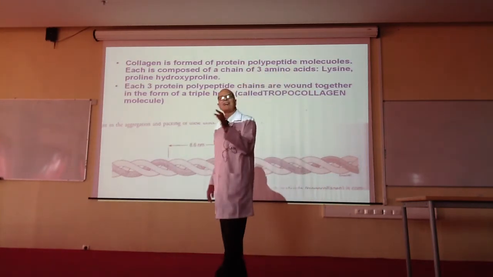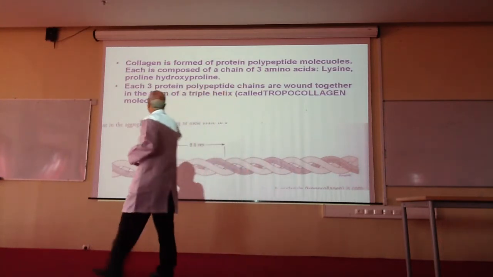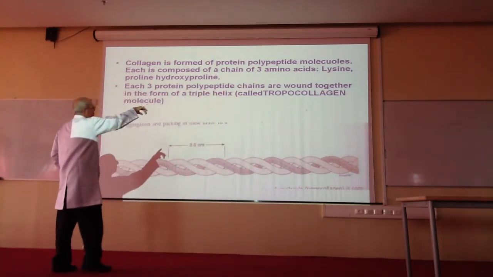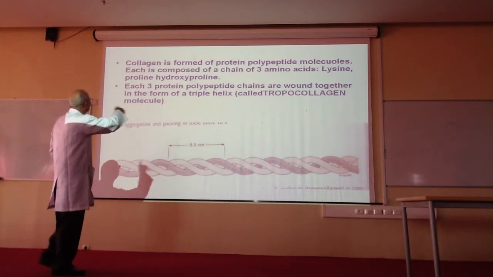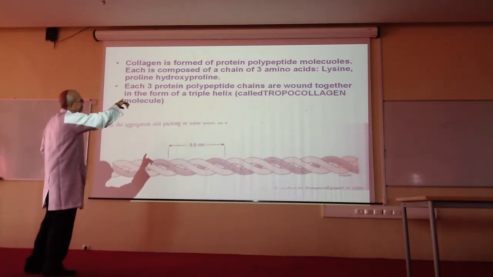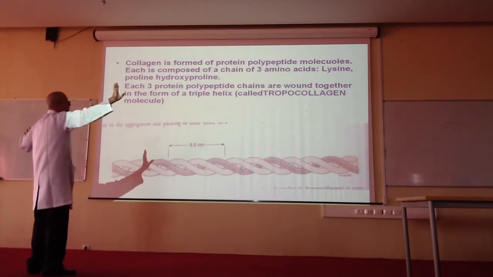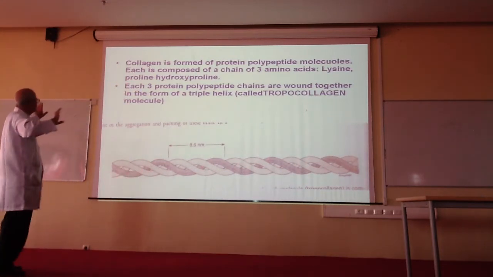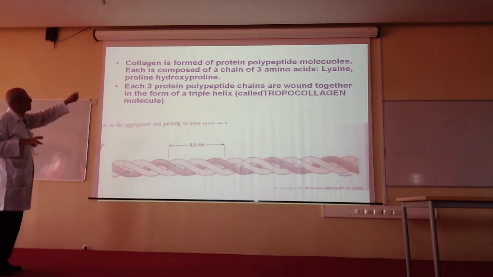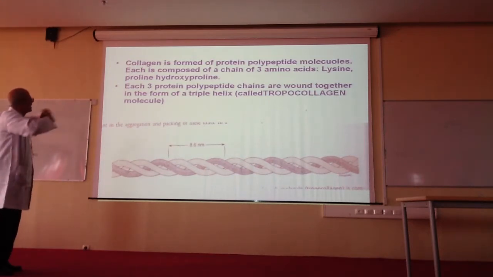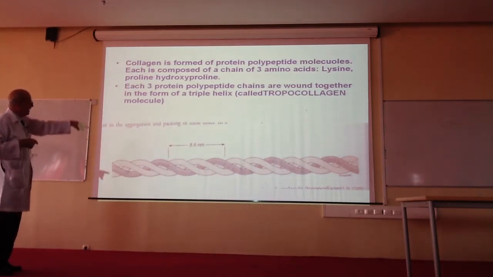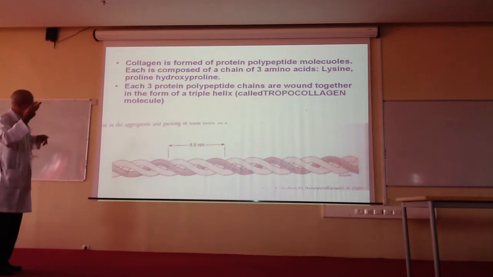Okay, let us take a picture, but let us read it. Collagen is formed of protein polypeptide molecules. Each is composed of a chain of 3 amino acids. These are the amino acids present. It's biochemistry. I don't need it. Each protein polypeptide chain is wound together in the form of a triple helix. Triple, 3.